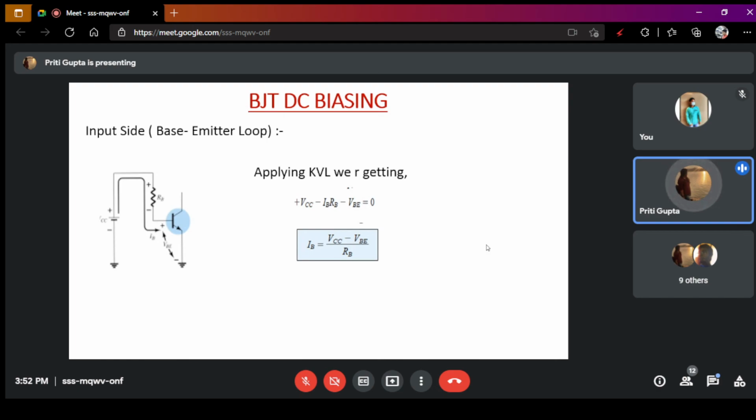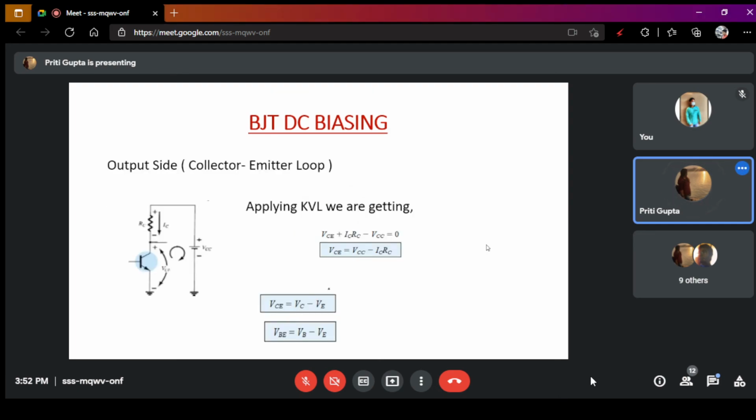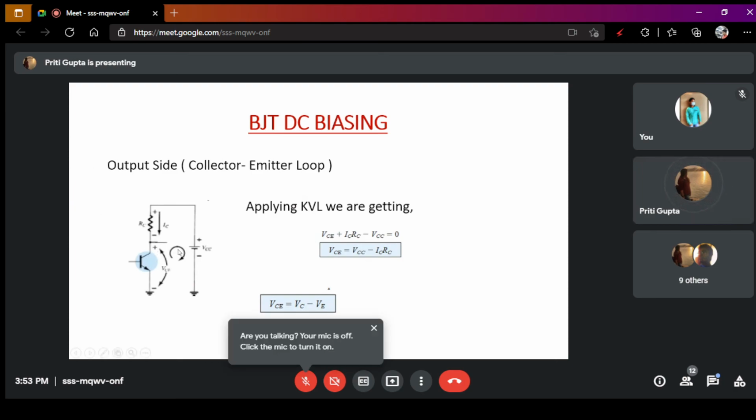So the input side is done. Let us now go to the output side. Now we have taken only the output side, not the input side: the collector to emitter loop. Now we are applying KVL. Here they have given the current direction.